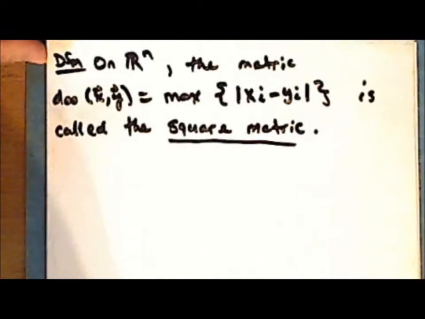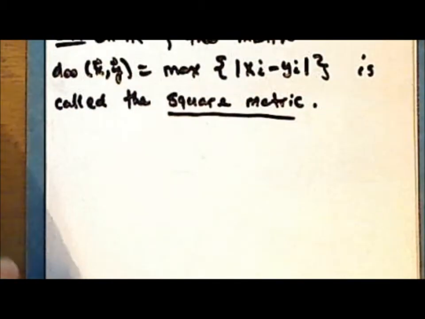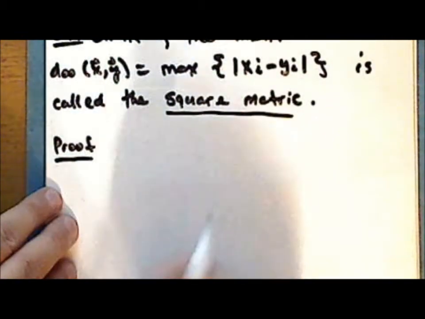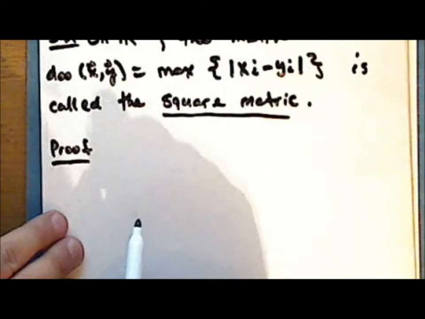So we need to prove that this is, in fact, a metric. Non-degeneracy and symmetry are trivial.